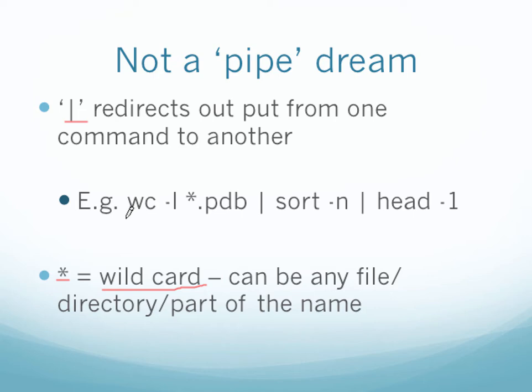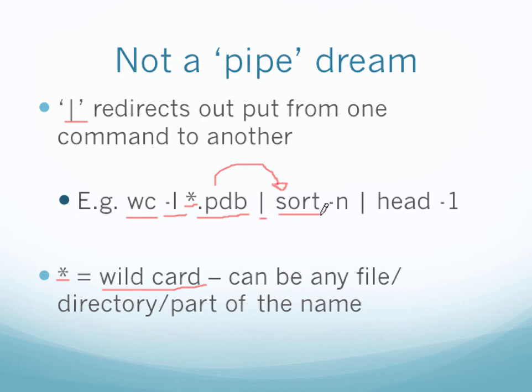In this command, we have the wc -l flag to count the number of lines in a file. And if we use the wildcard, it will count all the files in that directory. But if you use *.pdb, then it will count the files with .pdb extension, and then we can pipe the output to the second command using the pipe sign.